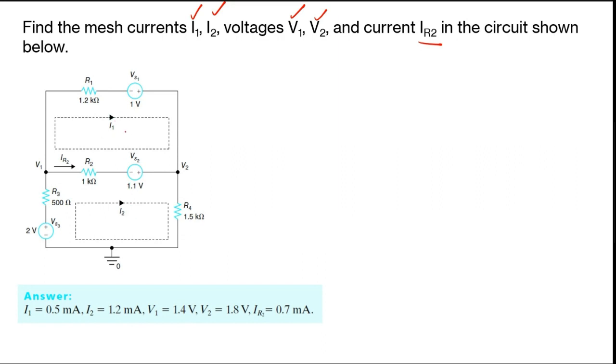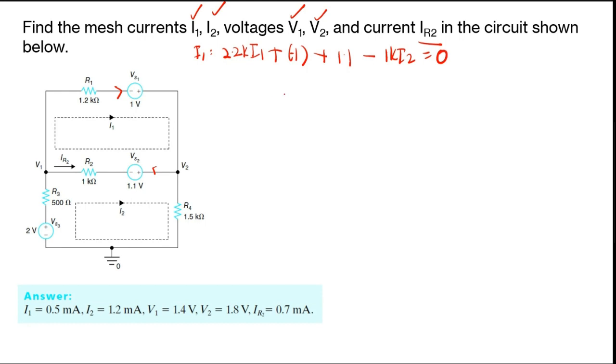And also you need to find the equation for I1 first. Let's say we find the equation for I1. Follow the current directions here, and then plus negative 1, plus this one 1.1, minus 1K I2 equal to 0.